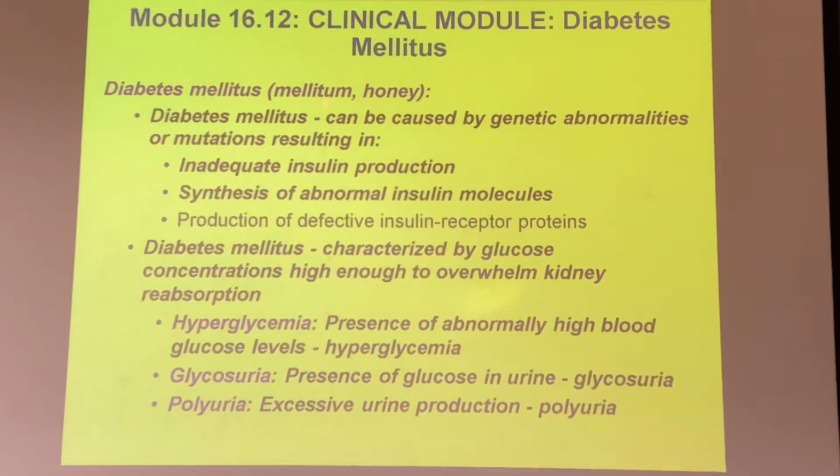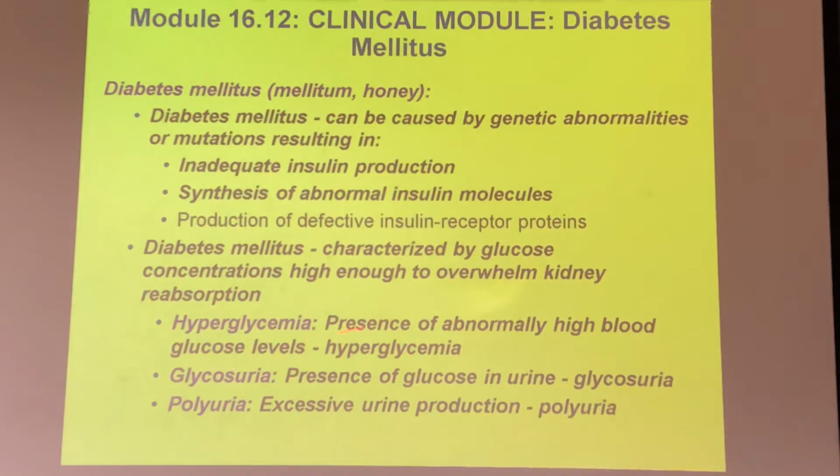Diabetes mellitus. The word mellitus comes from honey, meaning sweet. It can be caused by genetic abnormalities, where you have either inadequate insulin production, so the body is not producing enough insulin, or abnormal insulin. So insulin is produced, but it is not attaching.